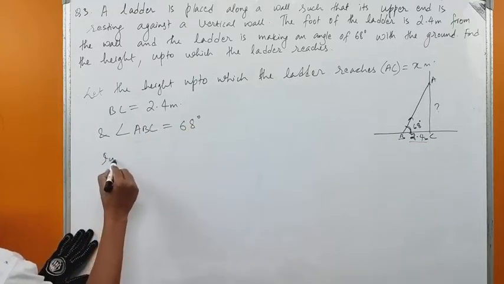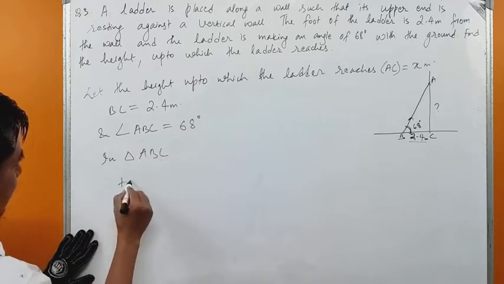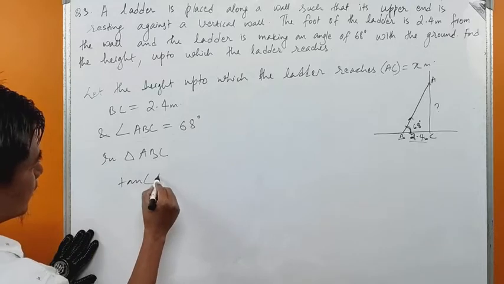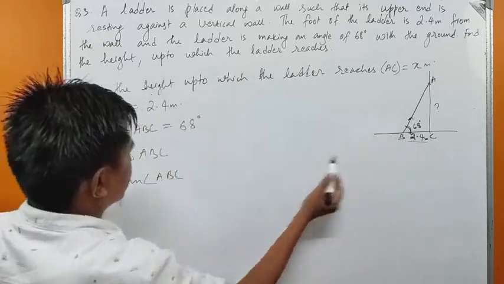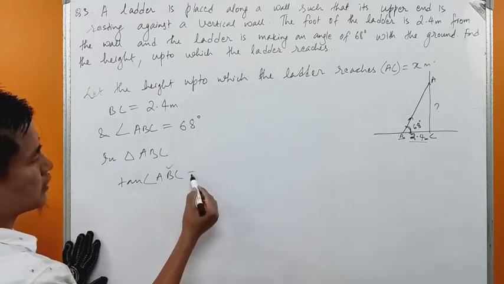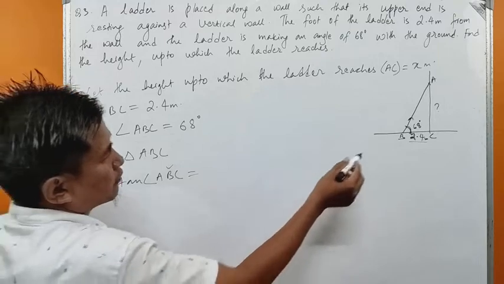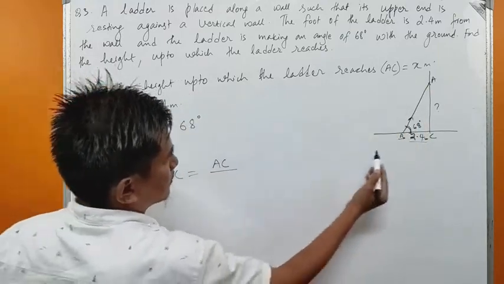Now in triangle ABC, tan of angle ABC, this angle, isn't it? Tan of angle ABC, angle B, equals perpendicular, which is AC, upon base, which is BC.